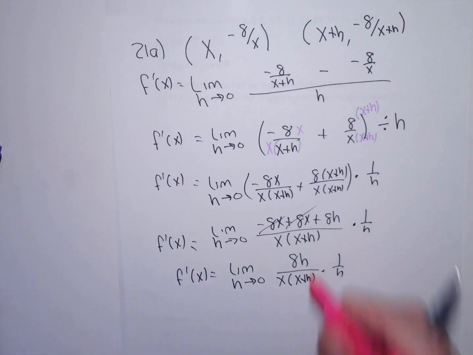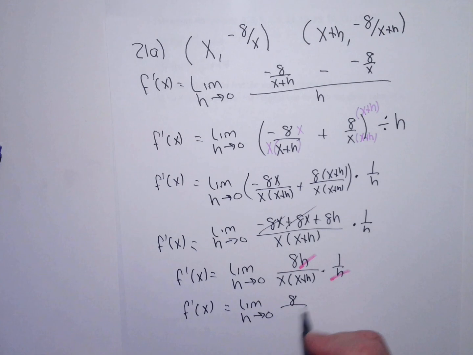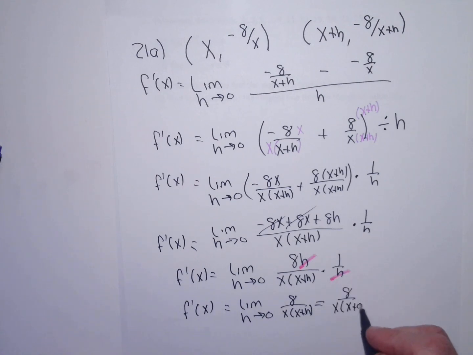I can now cancel the h's and get the derivative is the limit as h goes to 0 of 8 over x times x plus h. Now I can plug in 0 for h and get 8 over x times x plus 0, which is 8 over x times x, which is 8 over x squared. For 21, the answer to part A, the derivative, is 8 over x squared.